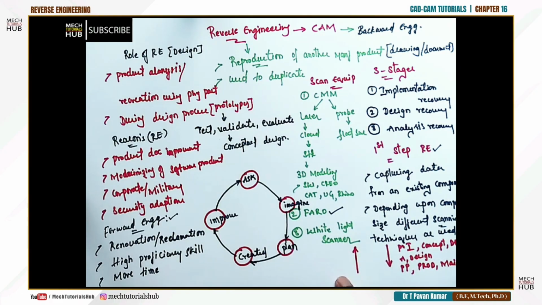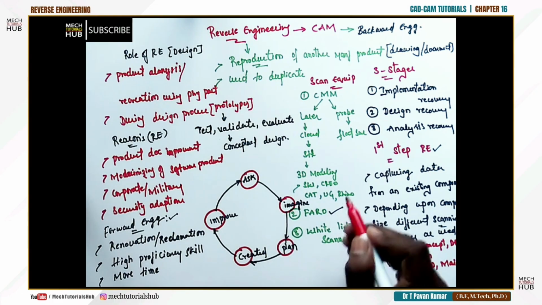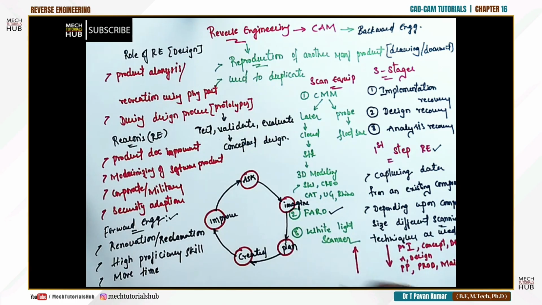When you talk about reverse engineering, it starts at the bottom and goes to the top. Now the base here is not the need of the customer, not the concept. Here it is a part or product which is already existing in the market. We would like to make some changes, or improve the efficiency of that particular product.